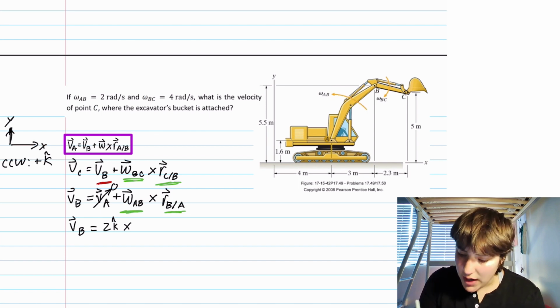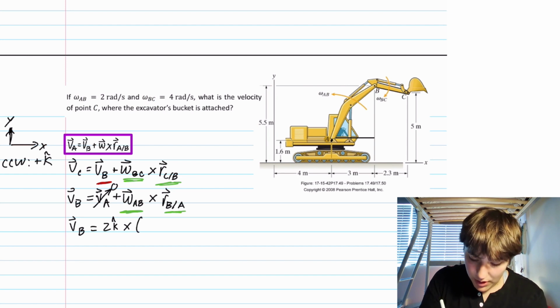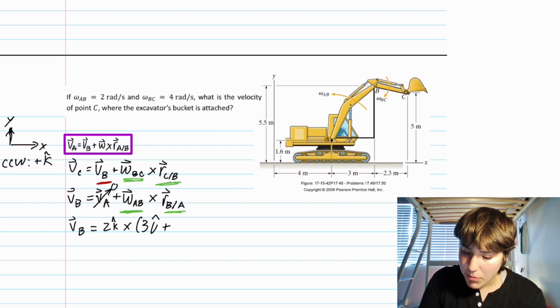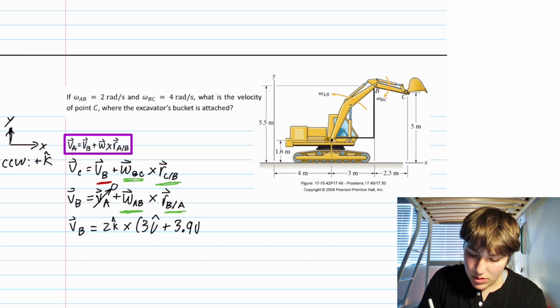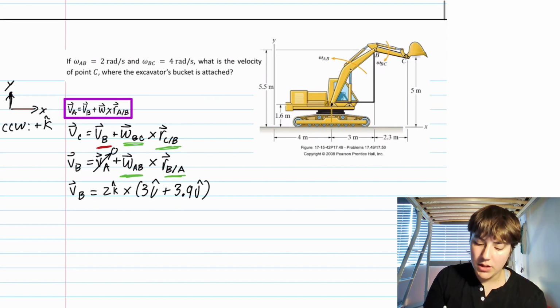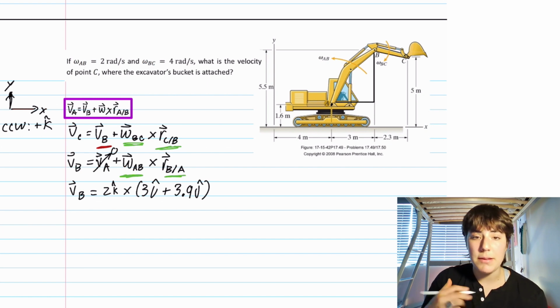So let's look. Where's A? It's right here. We need to go to B, so that's going to be a positive 3 i hat, plus, and then we need to go from here to here. That's going to be 5.5 minus 1.6, and that's 3.9 j hat. Perfect. Now we have all of our unknowns in order to find VB.